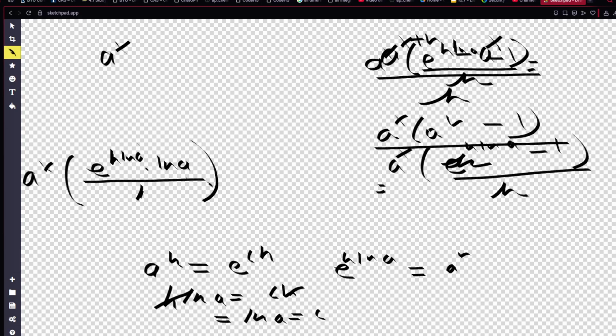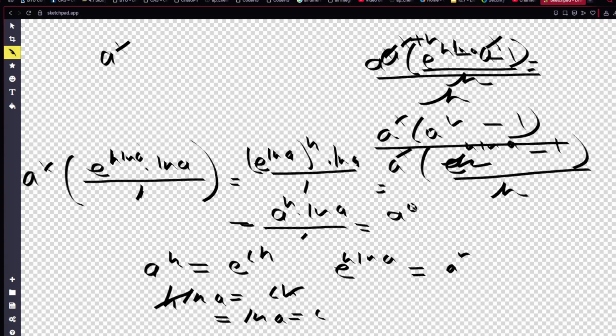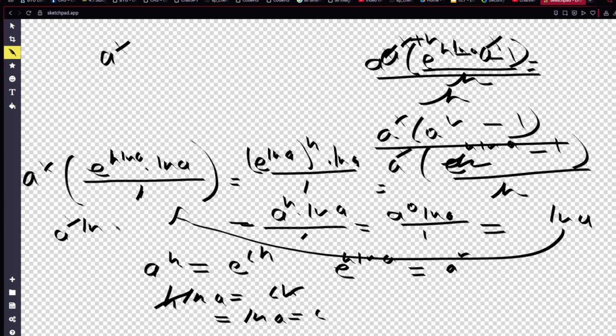So we can rewrite the top as e^(h ln a) times ln a over 1. But we notice that h is approaching 0, so we can direct substitute it in, as L'Hopital's rule does state. So we get ln a. So this entire term is equal to ln a, such that we get the derivative of a^x as a^x ln a.